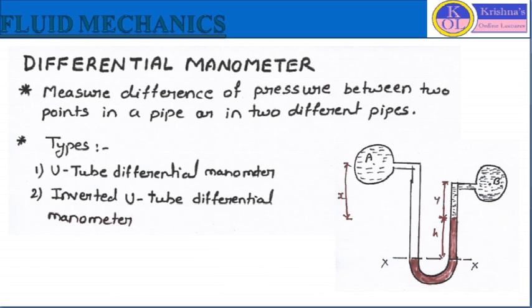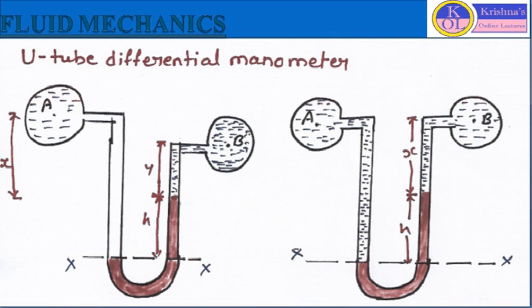Now let's discuss these two different types of differential manometer. First I will discuss the U-tube differential manometer, and in the next video I will discuss the inverted U-tube differential manometer. So there are two conditions I am going to discuss in this video.